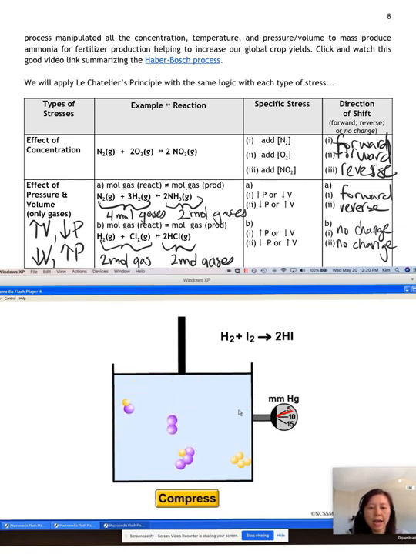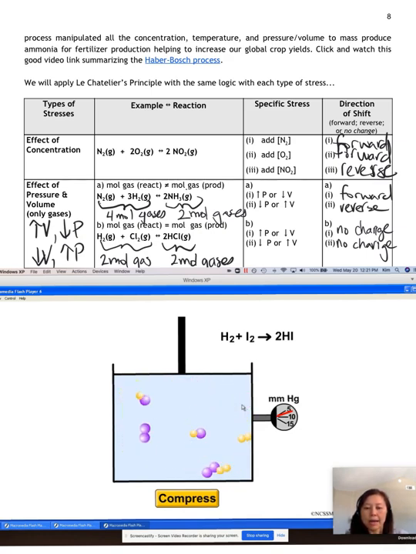There are 2 hydrogens and 2 iodines. And of course, you also see some products, which is the HI gas particle, and it looks like there's 2 of them. So notice 2 of everything: 2 hydrogen, 2 iodine, and 2 hydrogen iodide particles as gases.